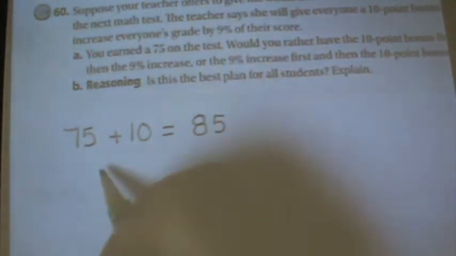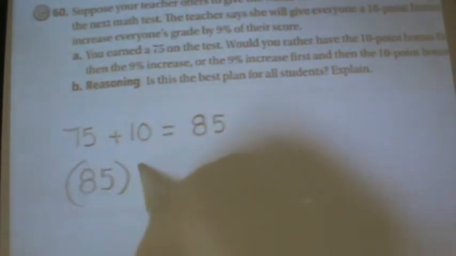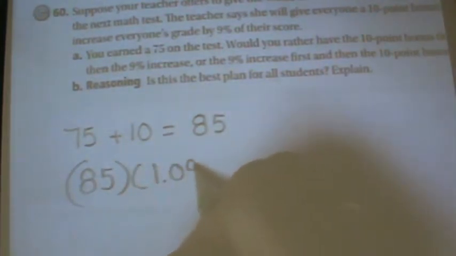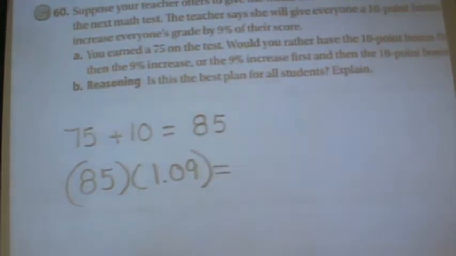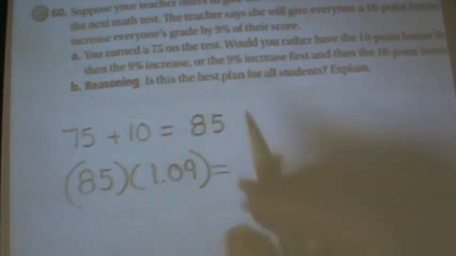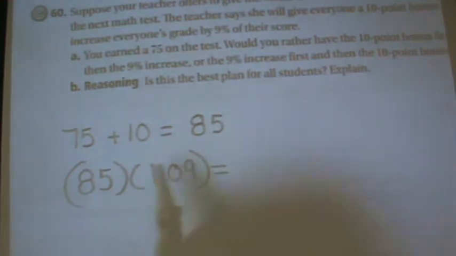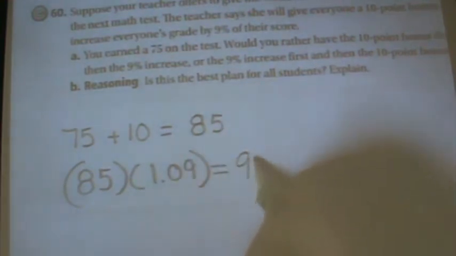Do you know how to do that in one shot? What do you multiply 85 by? 1.09, because that's going to add the 85 and it's going to add 9% of that score. So 85 times 1.09 is 92.65. That would be your grade.